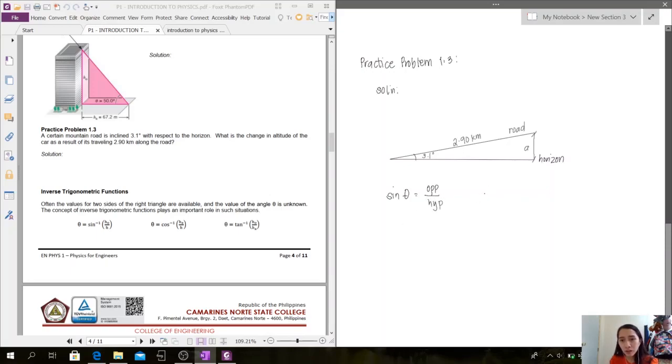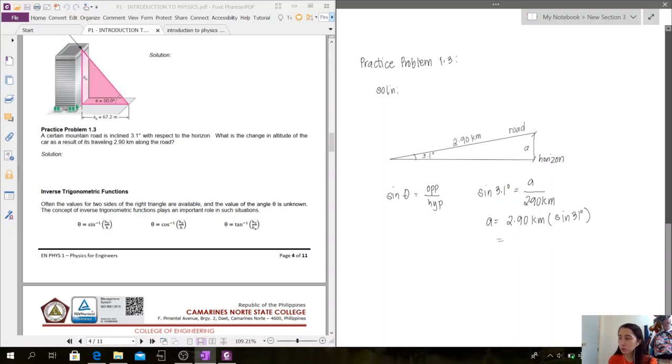So, theta is equal to 3.1 degrees. So, sine 3.1 degrees is equal to altitude A over 2.90 kilometers. So, altitude A is equal to 2.90 kilometers times sine 3.1 degrees.